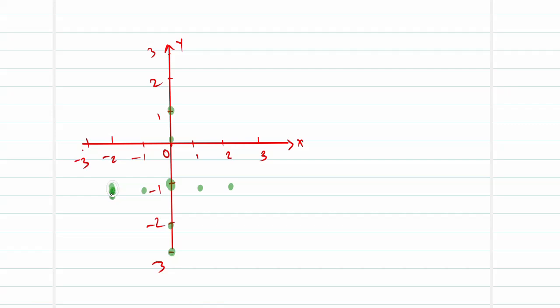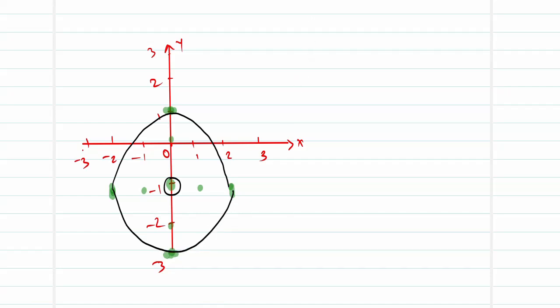So with the points (minus 2, 0), (2, 0), (0, 3) and (0, 1), we are going to draw the circle, which covers all these 4 points as boundary. So this is going to be my circle.